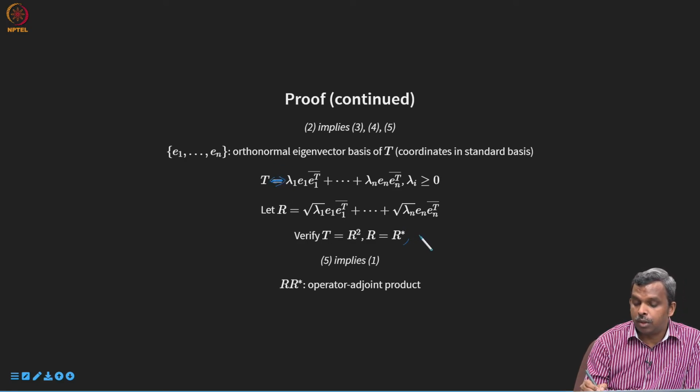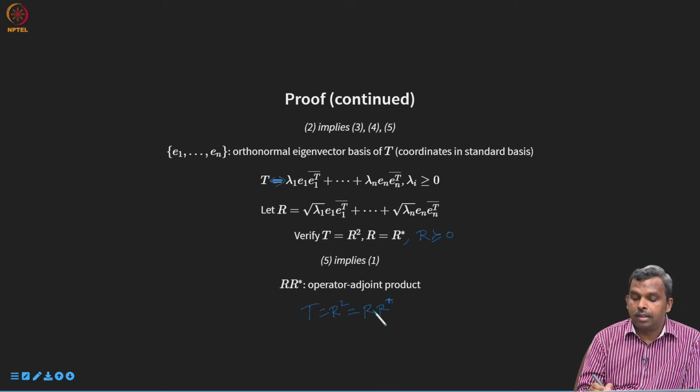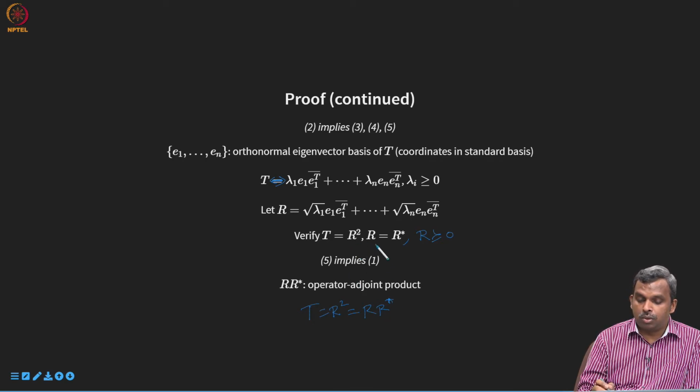So along with this, you're going to check that R is positive. Okay. And then since R is R star, T equals R squared equals R star, right? So all of this is satisfied by this. So once you have T equals R star, that gives you 5 also.